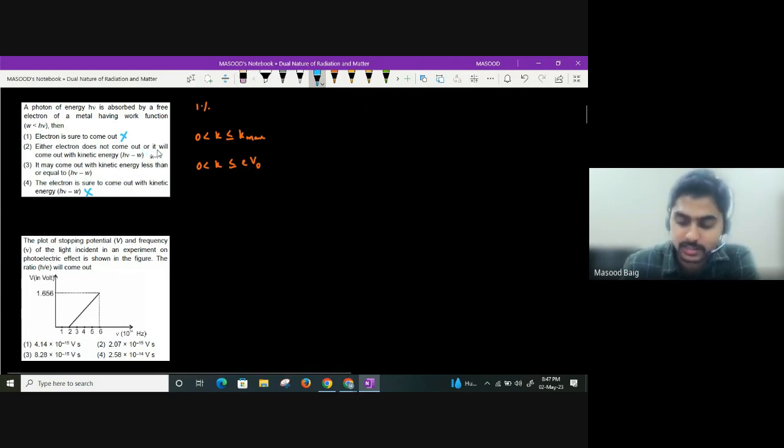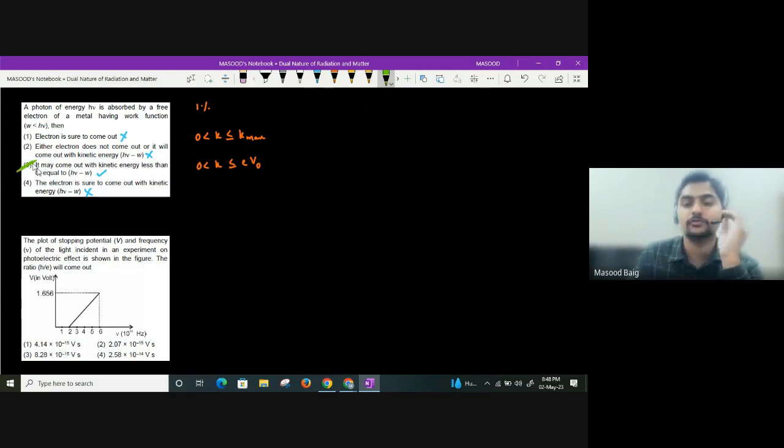Why? Because the second part says it will come out with kinetic energy h nu minus w. No, h nu minus w is the maximum kinetic energy. There is no necessity that electron should come out with maximum kinetic energy. It will come out with energy less than or equal to h nu minus w. So the third statement will be a correct statement. I hope it is clear, all of you.